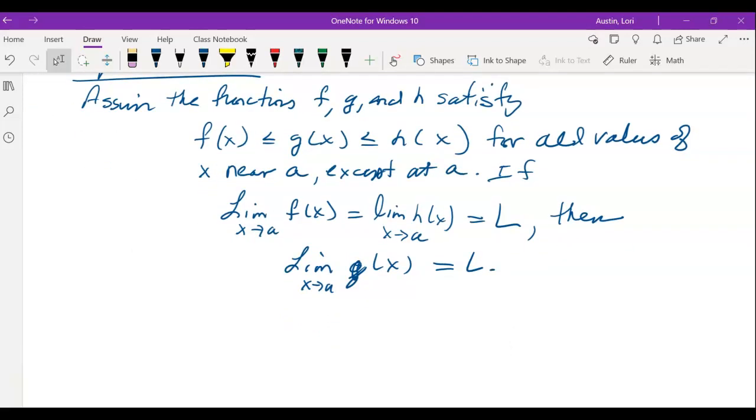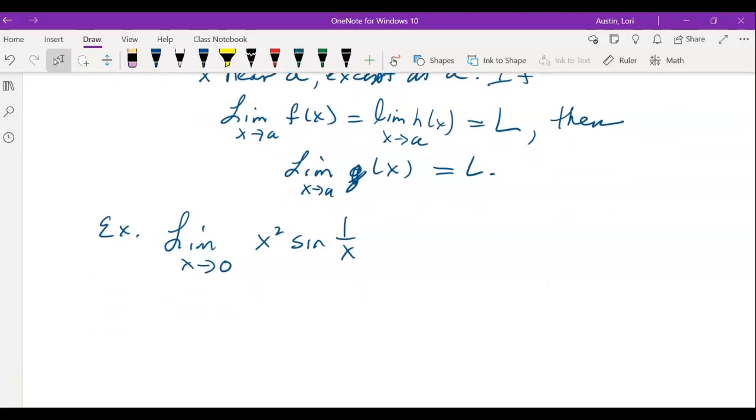Now, I want to do it for the limit as x approaches 0. So step 1. Start with a known fact.